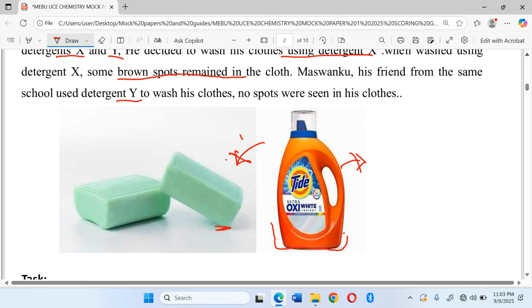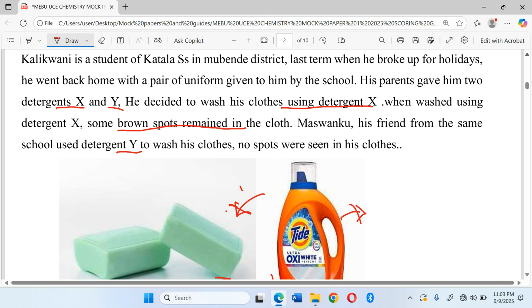When we look at our scenario very well, they say that Karikwan is a student of Katala SS in Mubende district. Last term, when he broke up for holidays, he went back home with a pair of uniform given to him by the school. His parents gave him 2 detergents, X and Y. So he had 2 detergents, X and Y. That is Karikwan.